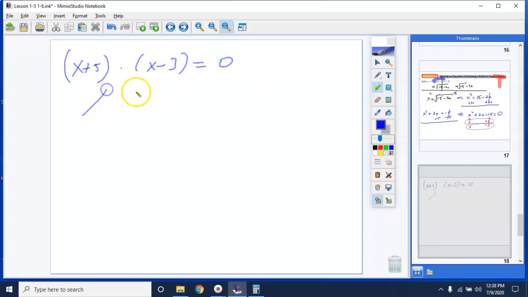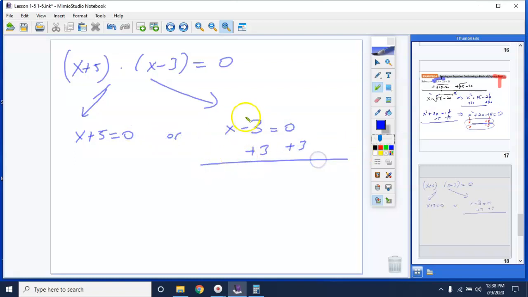One of them should be equal to 0, right? So let's check this case: x plus 5 equals 0, or x minus 3 equals 0. If we solve this, plus 3, these two will cancel, and x equals 3. That's my first answer.